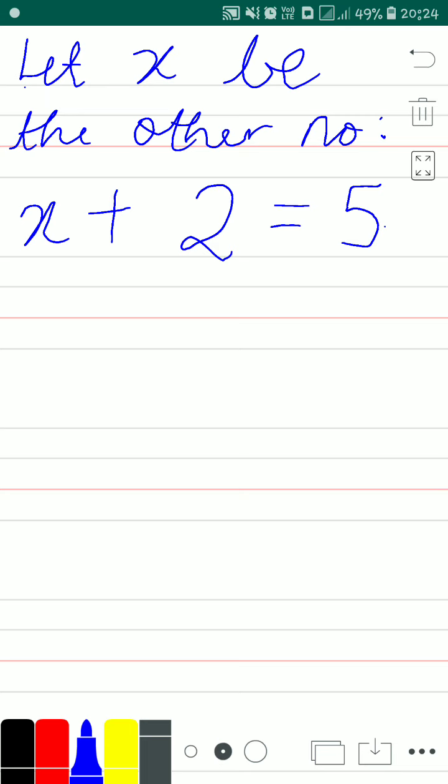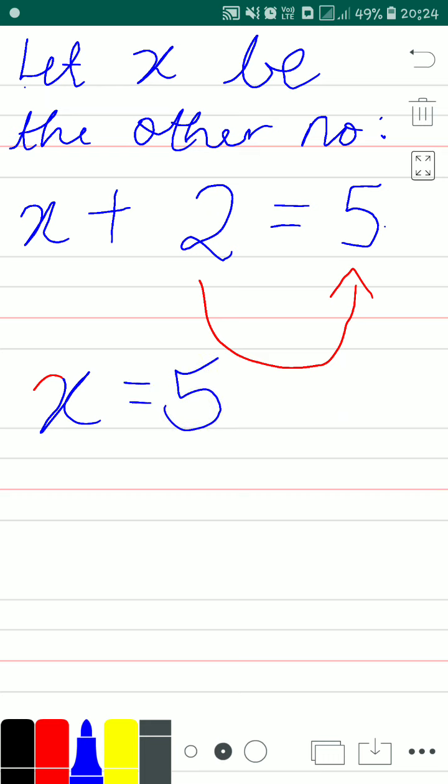Okay, so this is the equation. Now what we do is shift 2 to the other side and then we get x is equal to 5 minus 2. Therefore, we get x is equal to 3.